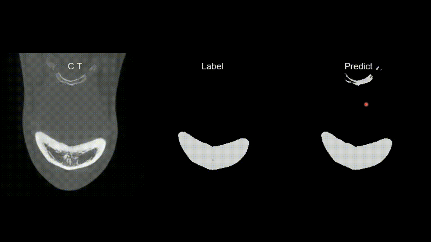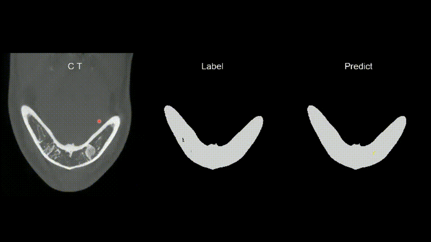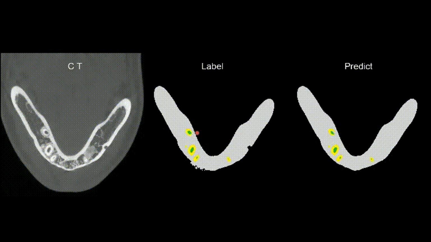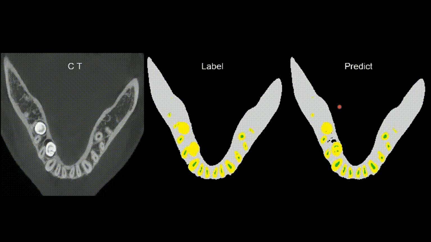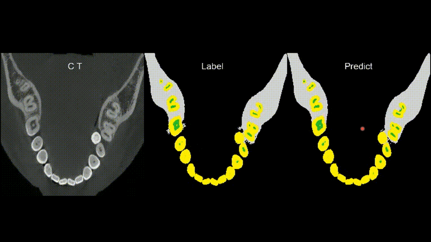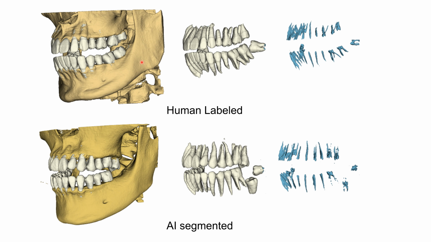So here is the outcome: the original CT, here is my labeling, and at the right side is the prediction. The upper one is the human labeling, and the lower one is the AI segmentation. As you can see, the bone is very easy, and the tooth is easy too, but the root canal is not so easy.